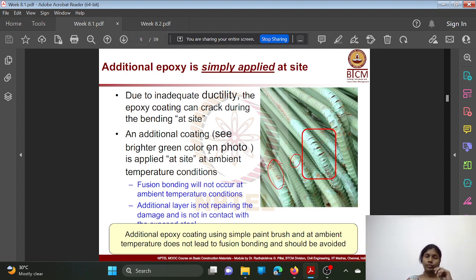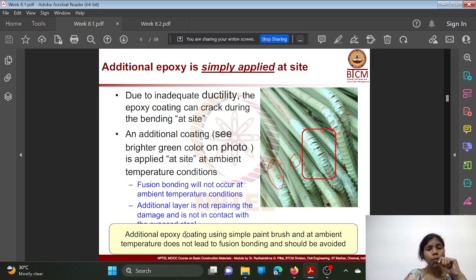So when you apply this additional coating at ambient temperatures, fusion bonding will not take place. The additional layer is not repairing the damage and is not in contact with the structural steel. Okay, so it is of no use.